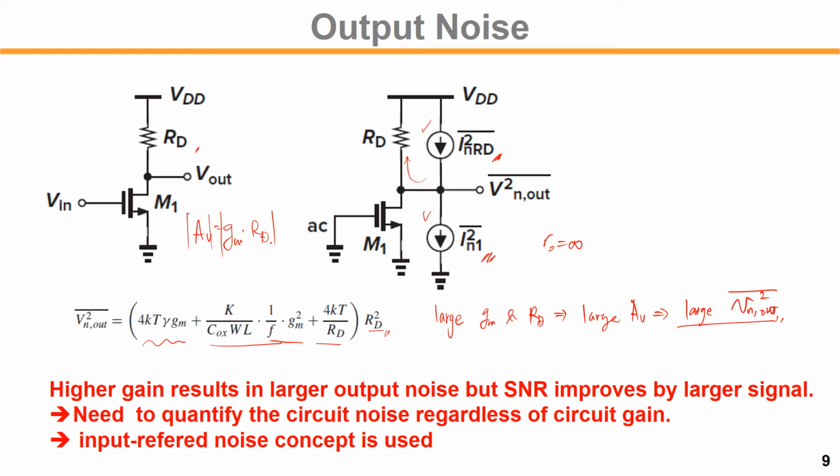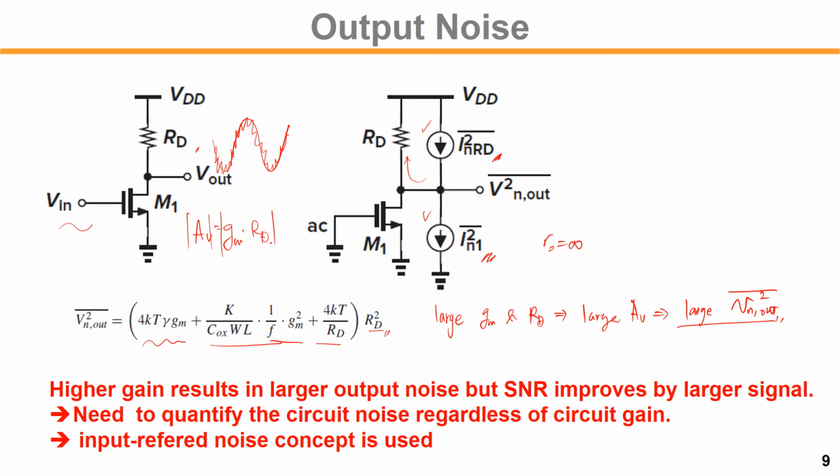This is an amplifier. We want to take the signal and amplify it, right? But by the action of amplification, if you have a large gain, you get larger noise at the output. So this does not properly represent the circuit noise. It misleads us into thinking we have to reduce the gain, but actually not. What we have to care about is the SNR, signal to noise ratio.